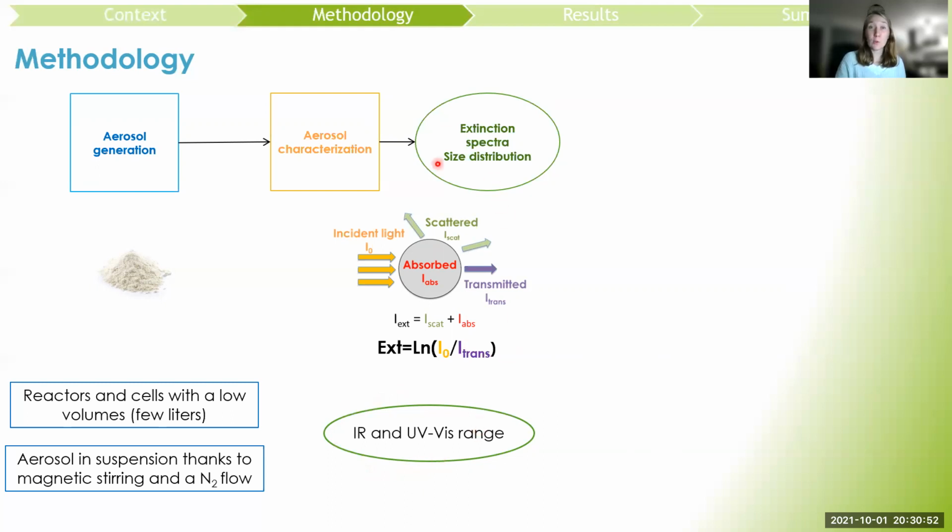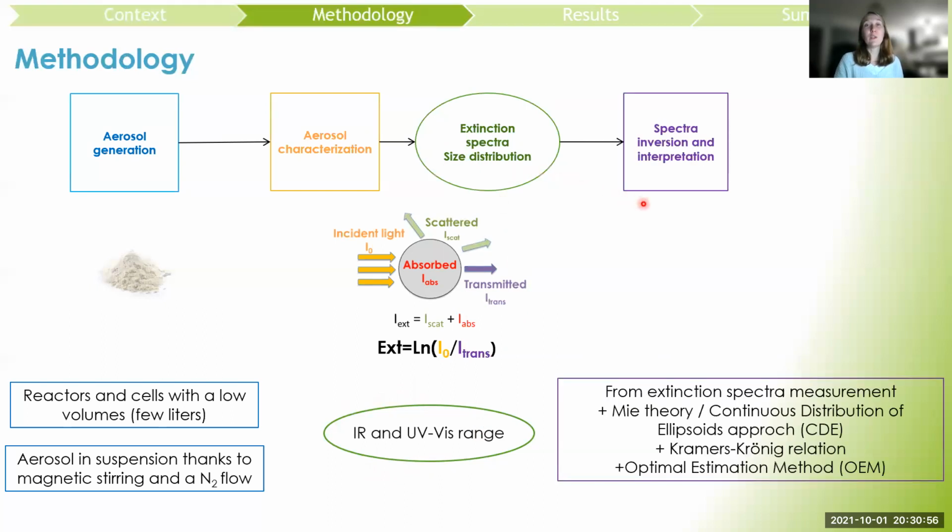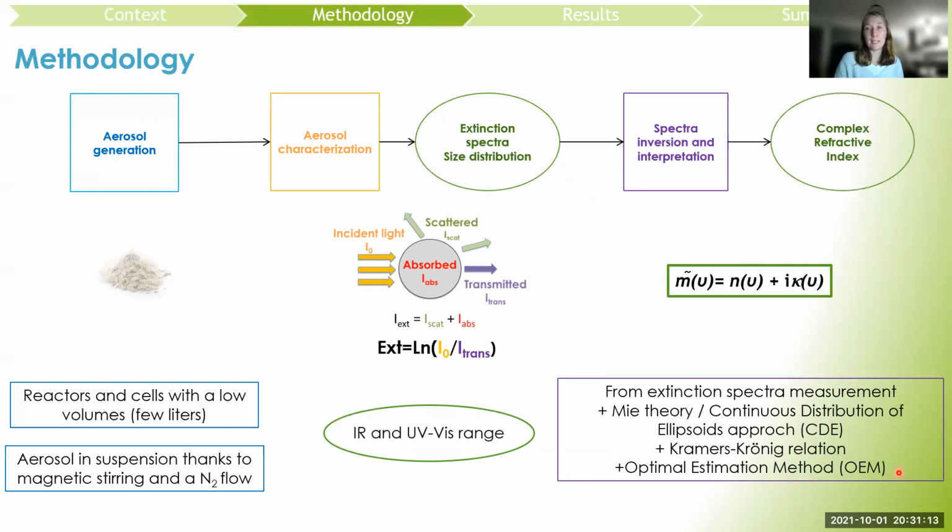And we will also measure the size distribution and then apply an inversion algorithm using Mie theory, the continuous distribution of ellipsoids approach when it's necessary, the case for non-clay material, the Kramers-Kronig relation, and an optimal estimation method to get at the end the refractive index at each wave number.